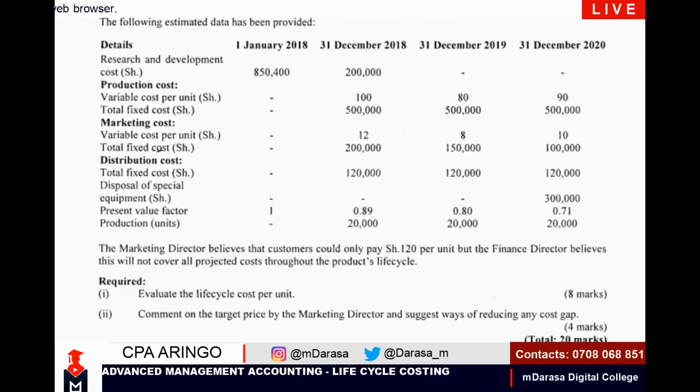And in comparing these costs, in simple terms, because you're asked to comment, we can say that the life cycle cost per unit is higher than the target price per unit.